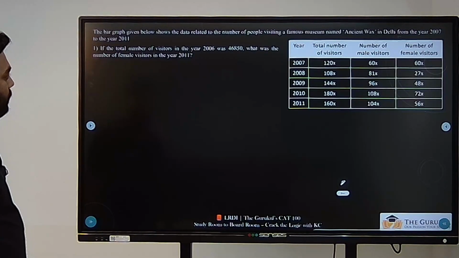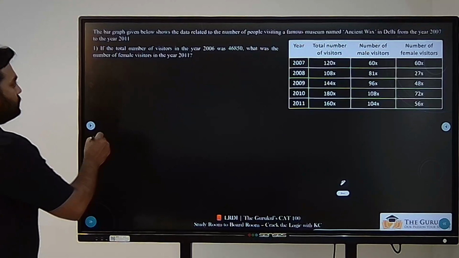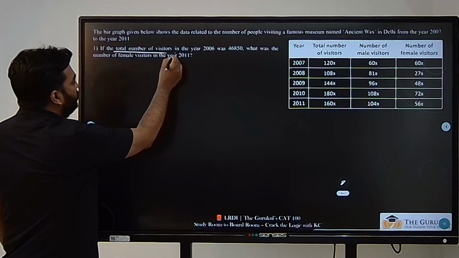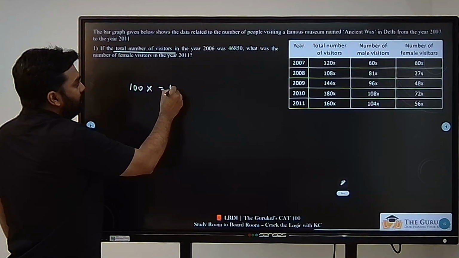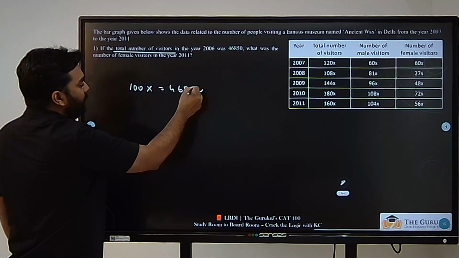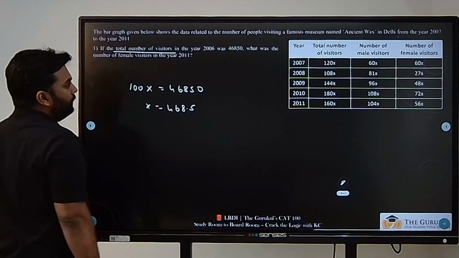If the total number of visitors in the year 2006 was 46850, find what was the number of female visitors in the year 2011. So 2006 total number of visitors, we are considering 100x is equal to 46850, x equal to 468.5.